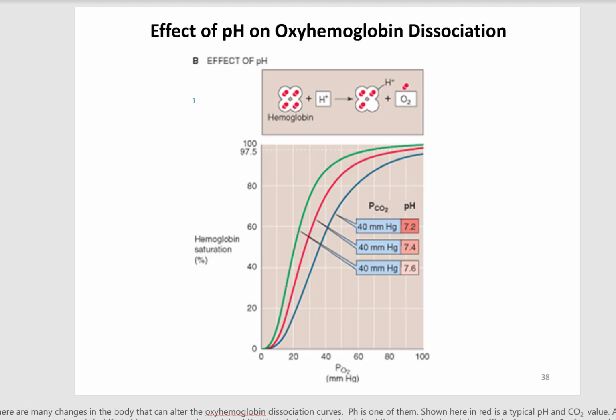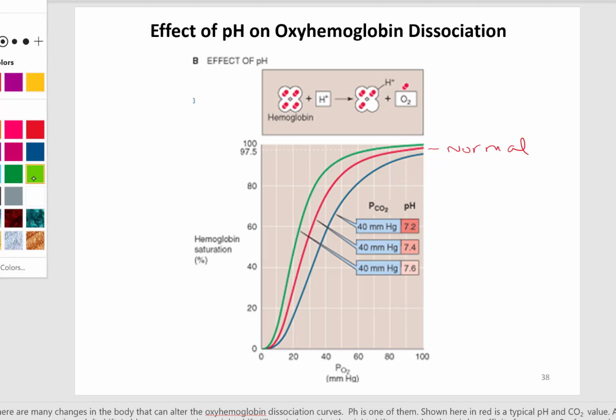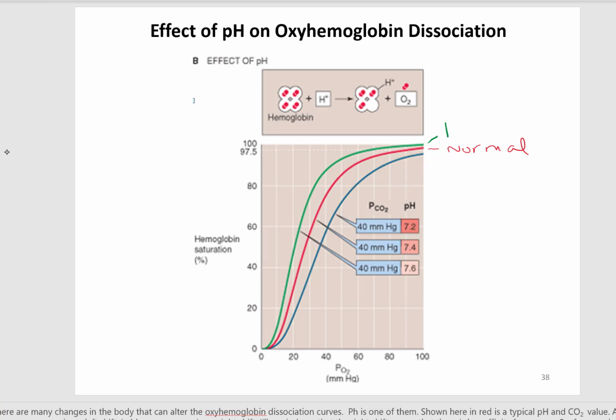In red, here is our normal sigmoid curve. We see a green sigmoid curve and a blue sigmoid curve. The green sigmoid curve is shifted to the left.